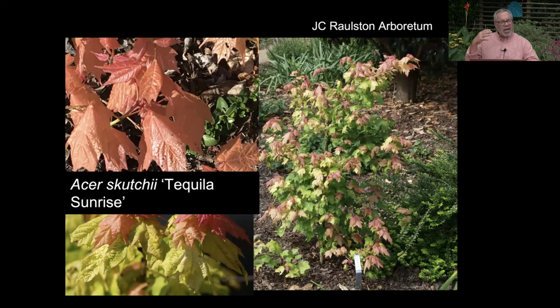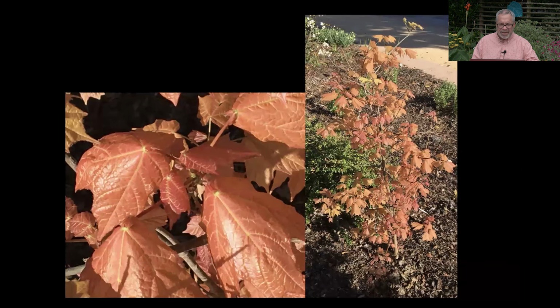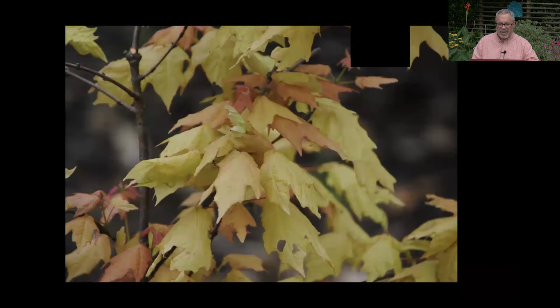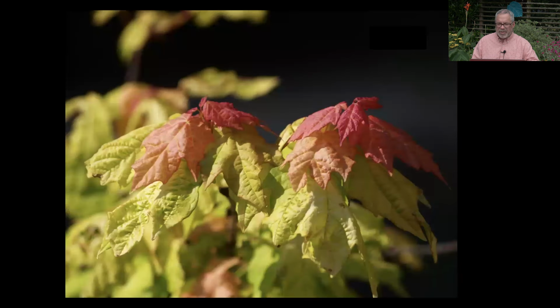It's been a slow-growing plant, hasn't gotten big fast. Acer Scoochii can get pretty large. This has been very slow-growing, but you can just see the new growth comes out and it changes over time. And then when it gets in summer, you get little bits of that new growth before going to chartreuse. I just love this plant.